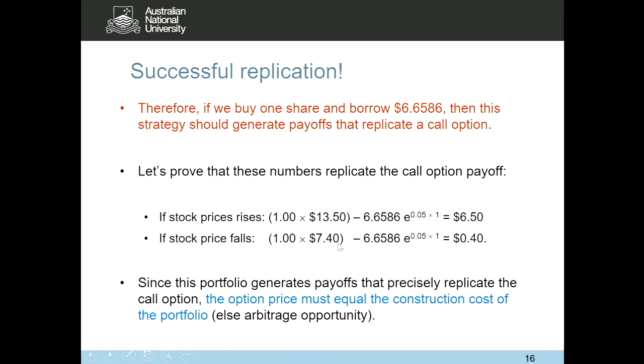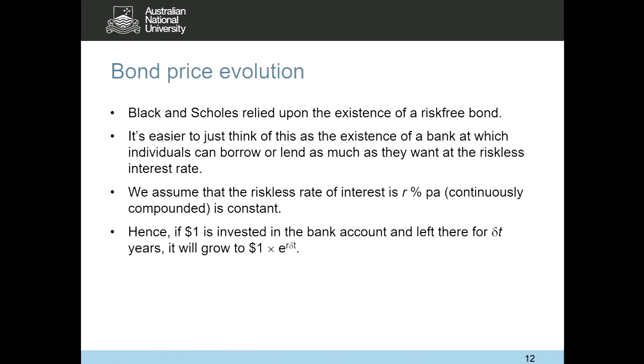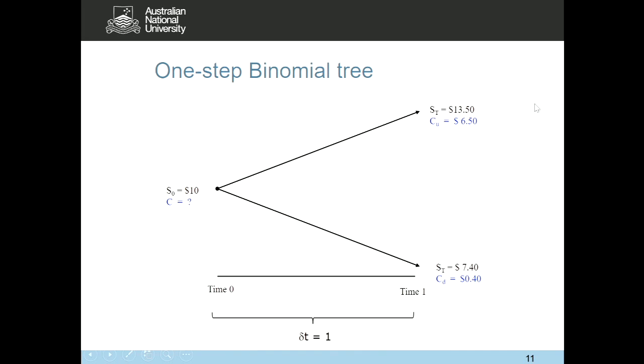And again, we need to repay the loan that we borrowed 1 year ago. It turns out when the stock price decreases, our portfolio has an ending value of 40 cents. It looks very similar, right? Because the payoff of our portfolio is identical to the payoff of the call option.